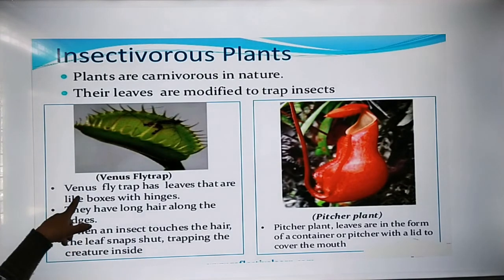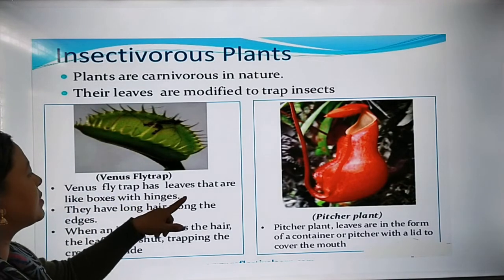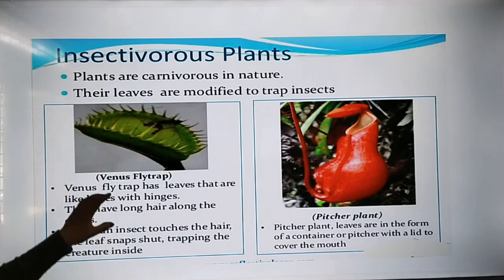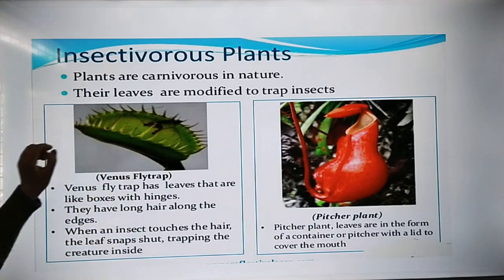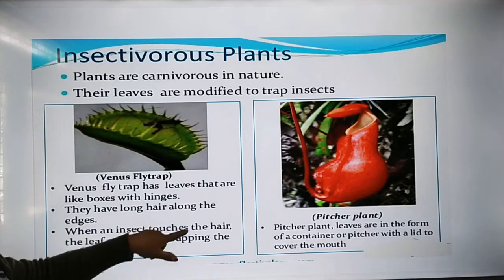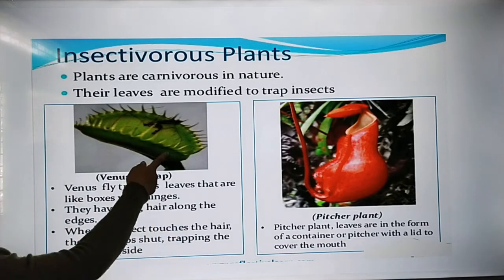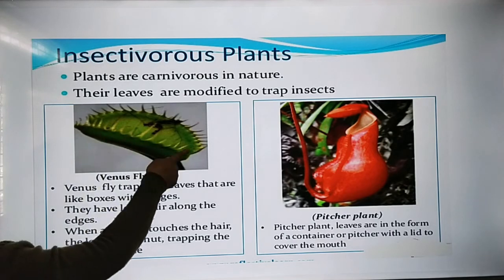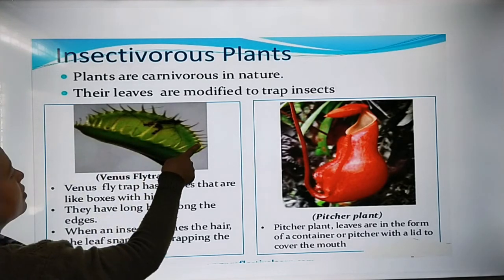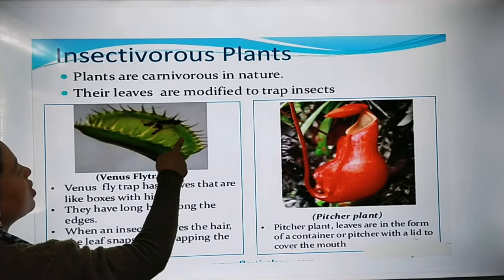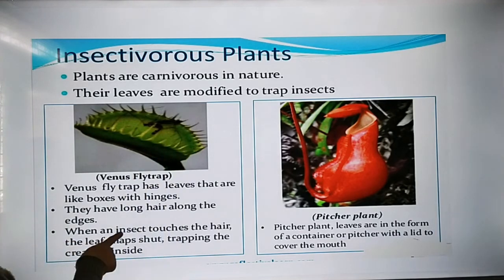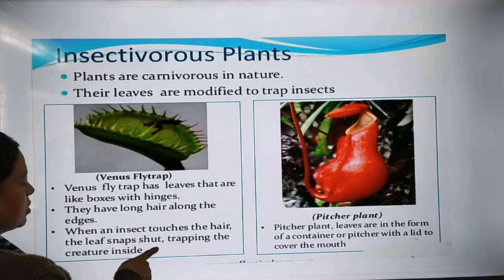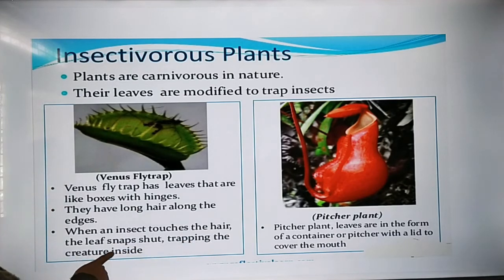Venus flytrap has leaves that are like boxes with hinges. They have long hair along the edges, at the top of the leaf, and you can see these like spines. When an insect touches the hair, the leaf snaps shut, trapping the creature inside.